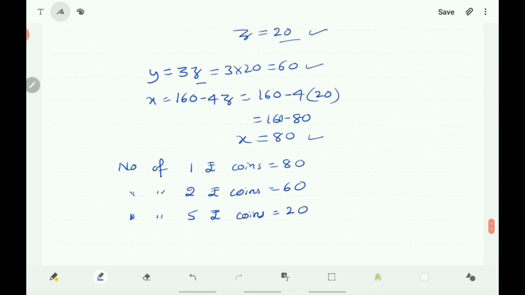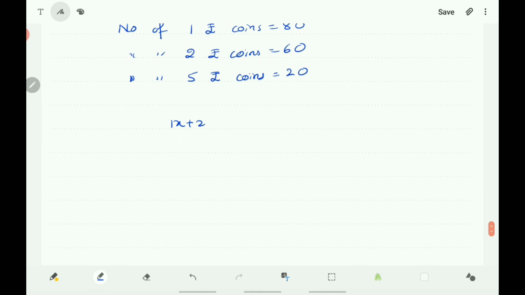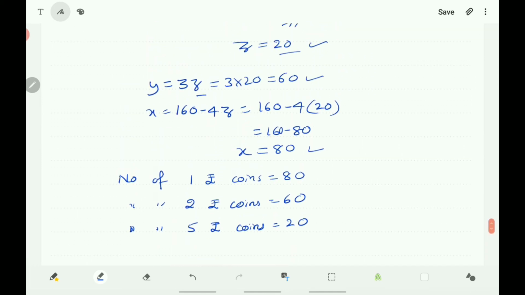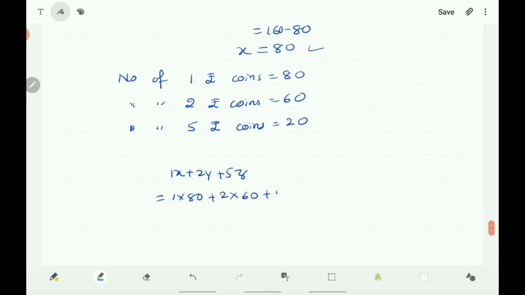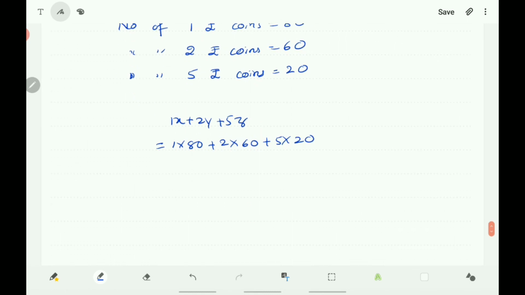And the amount is 1x plus 2y plus 5z. That is 1 into 80 plus 2 into 60 plus 5 into 20. It becomes 80 plus 120 plus 100. 80 plus 120 is 200, 200 plus 100 is 300 rupees.